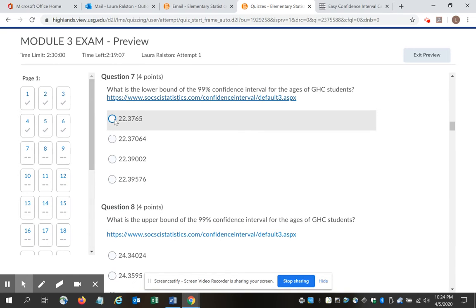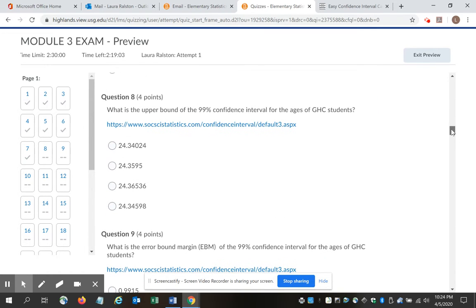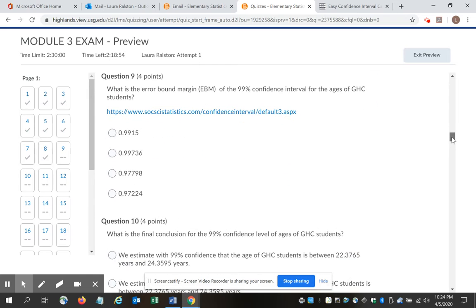So my lower bound was 22.3765. The upper bound was 24.3595. My error bound margin was 0.9915.